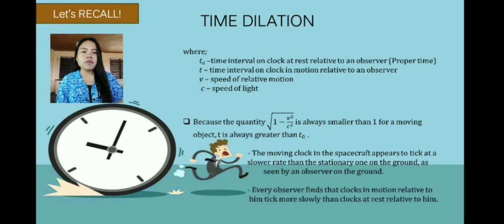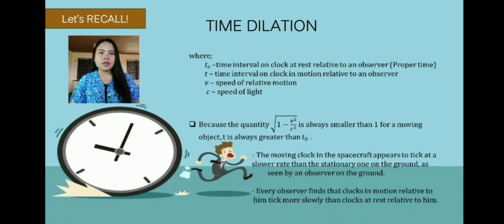And every observer finds that clocks in motion relative to him tick more slowly than a clock at rest relative to him. So the idea of time dilation is that time is always related to the different inertial frames, or frames of reference, and that tells us when time goes fast or slows down.